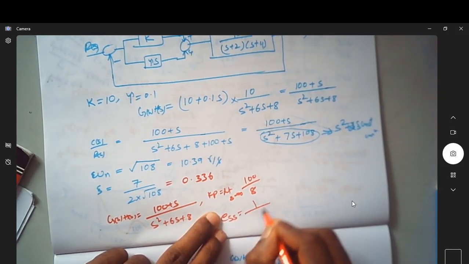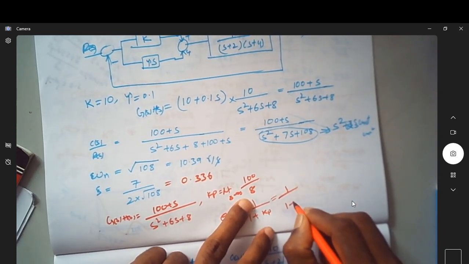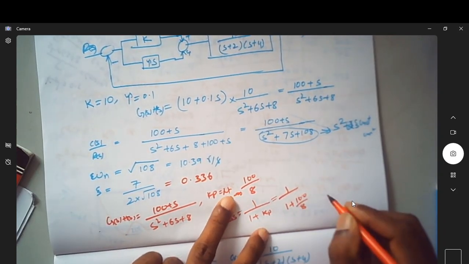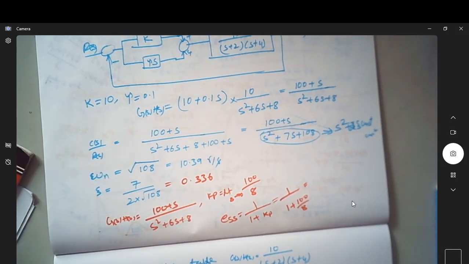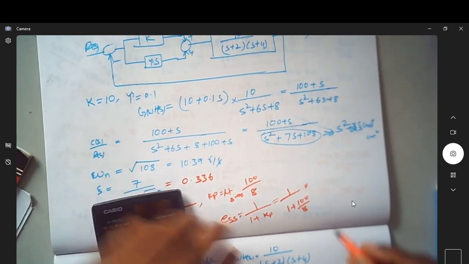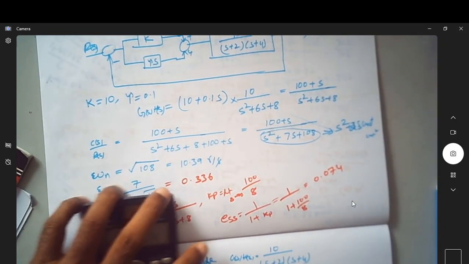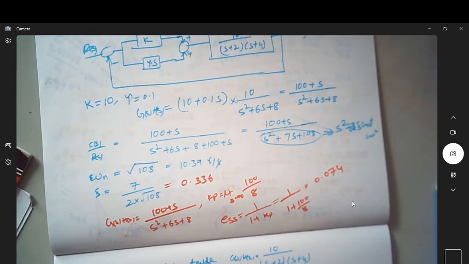ESS is equal to 1 over 1 plus Kp, so it is 1 over 1 plus 100 by 8. Is it not 8 by 108, which is 0.074?